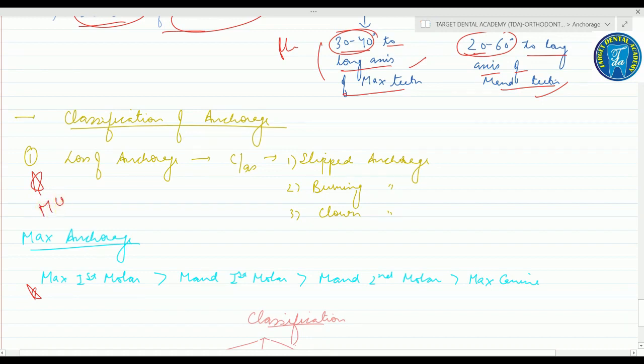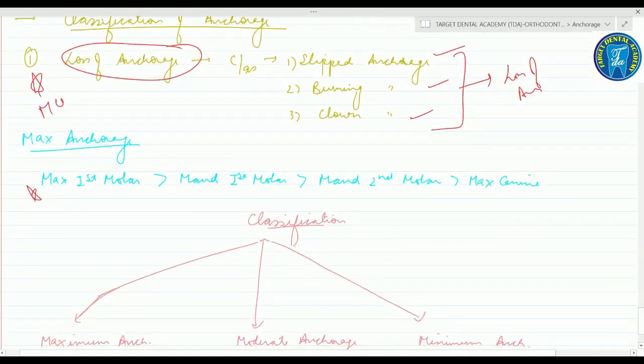See, the loss of anchorage is also called slipped anchorage, burning anchorage and clown anchorage. These 3 terminologies are used for the loss of anchorage. Now coming on to the maximum anchorage.